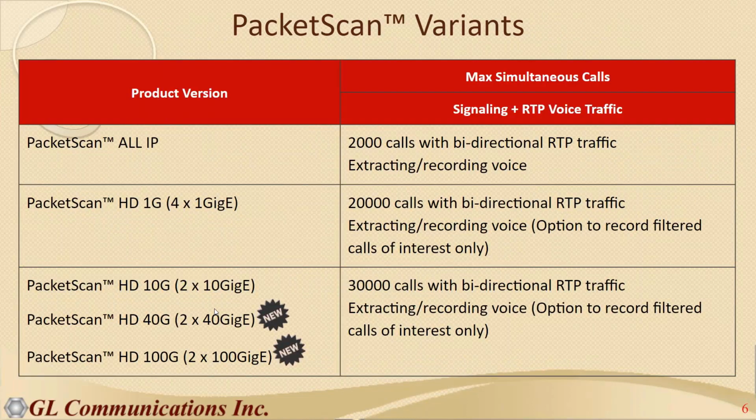This slide addresses the PacketScan variants, the PacketScan basic version versus the PacketScan HD, and one metric here on how we're counting calls as far as what we can support within our application.